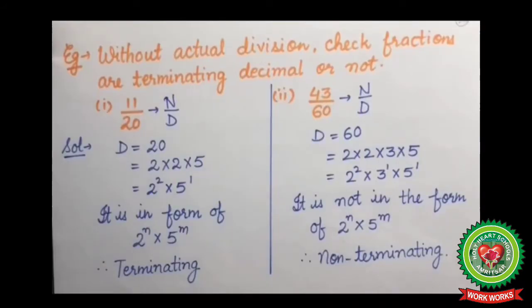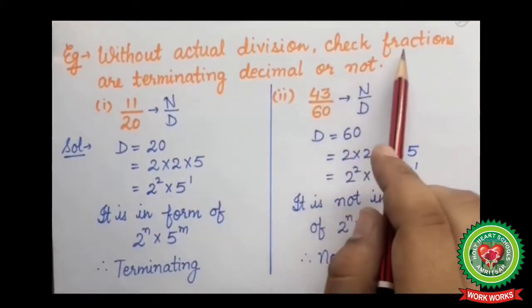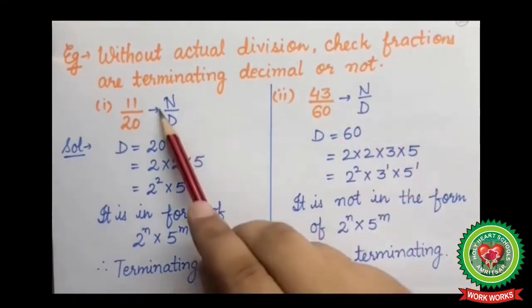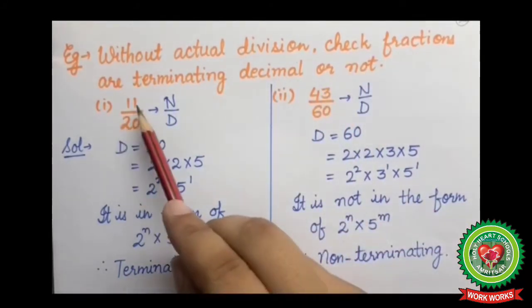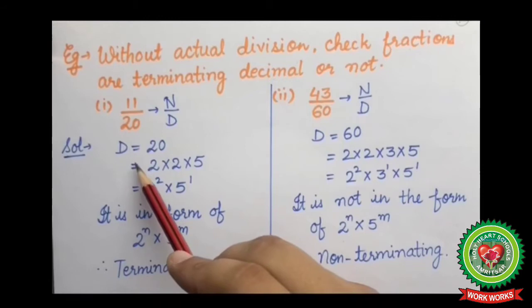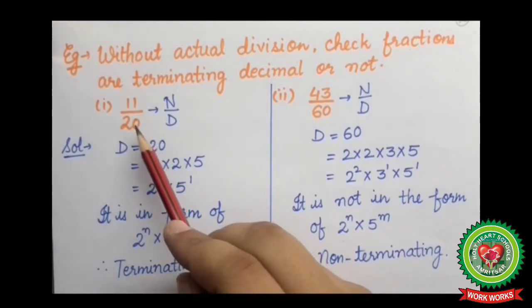So let us discuss some examples based on this topic. Without actual division, check whether the fractions are terminating decimals or not. The first one is 11 upon 20. So here the first thing that we are going to check is whether the given fraction is in its simplest form or not.